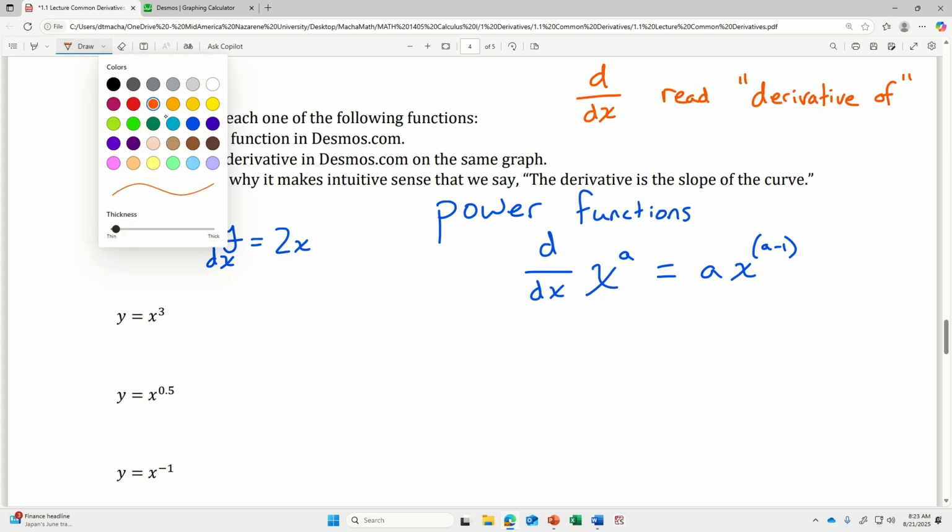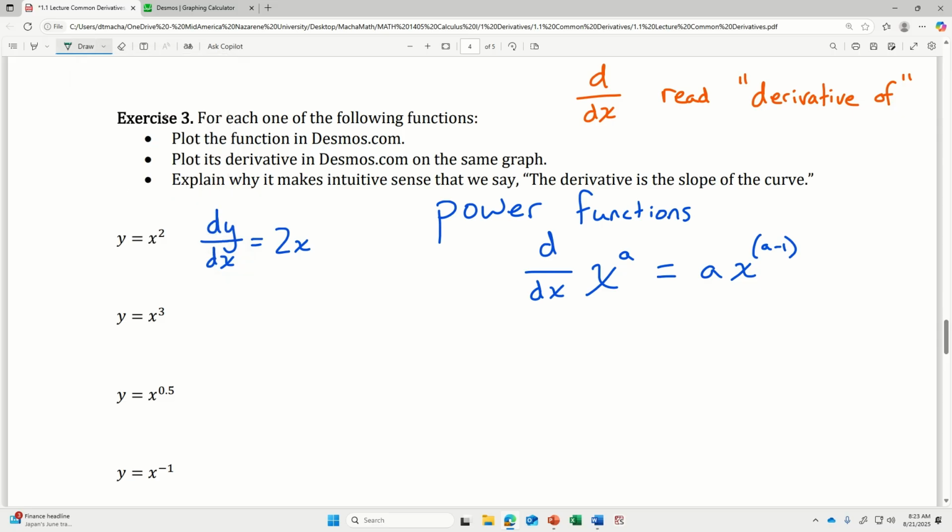And then this little bit of notation that I wrote over here, which is dy over dx, whenever you read this out loud, you would say the derivative of y with respect to x.